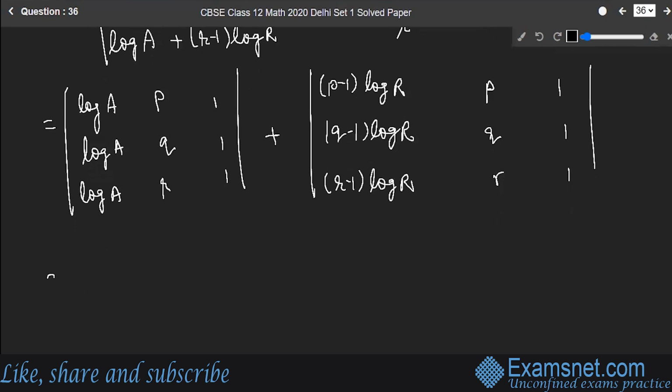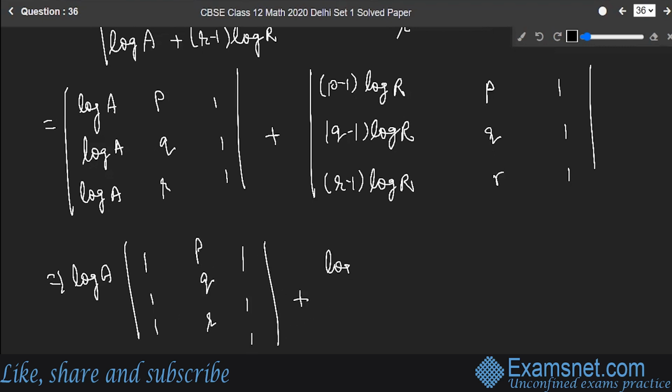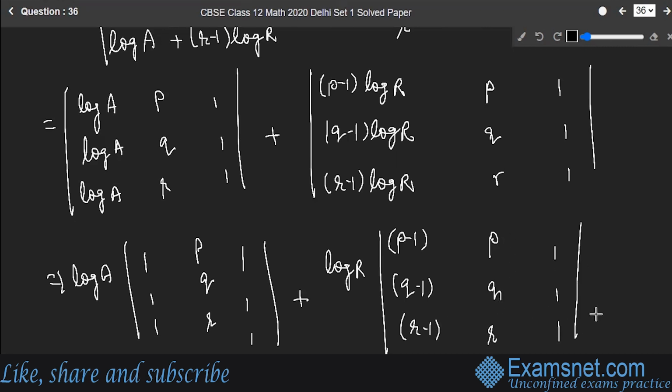So I'm going to take log a common from here. This will be log a, determinant 1, 1, 1, p, q, r, 1, 1, 1 plus log r common from here. This will be p minus 1, q minus 1, r minus 1. So p, q, and r and 1, 1, 1. Correct?